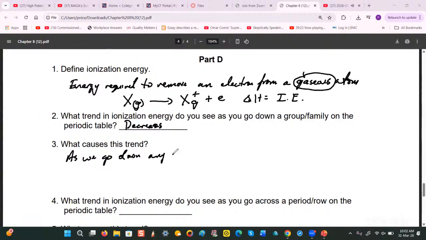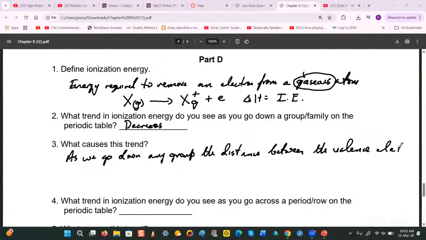Going down any group, the distance between the valence electrons and the nucleus increases.